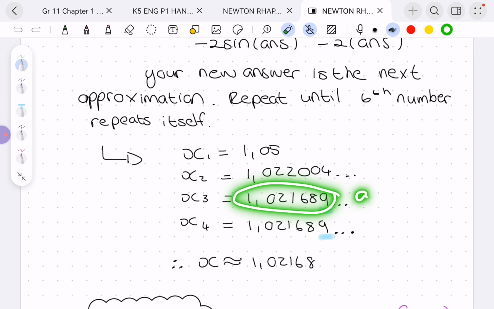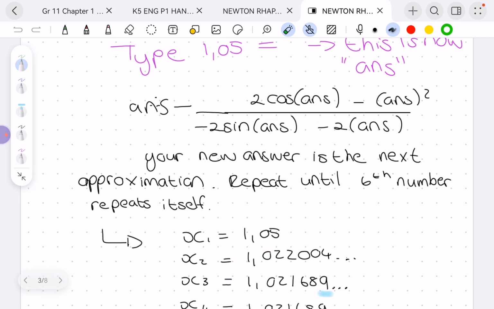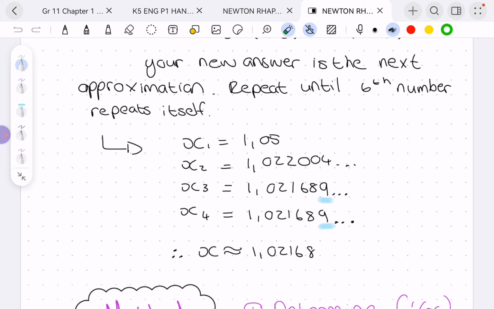So now I take green answer, put it back into the formula, press the equal sign, and I'm getting 1,021689. I'm going to see whatever my answer is going to do, it's going to start to repeat. The 6th decimal is repeating, so now I can stop and round off.